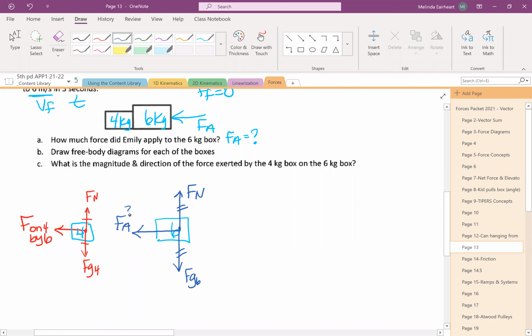There's one more force on the 6. This one is the one that students are going to miss. 6 pushes on 4. Newton's third law says, doesn't the 4 push back on the 6? What direction is this force by 4 on 6? To the right. Watch this. Force on 6 by 4.